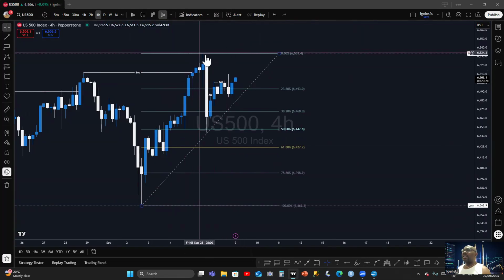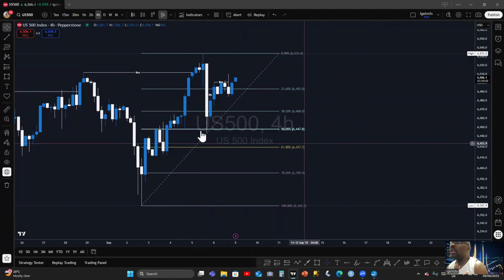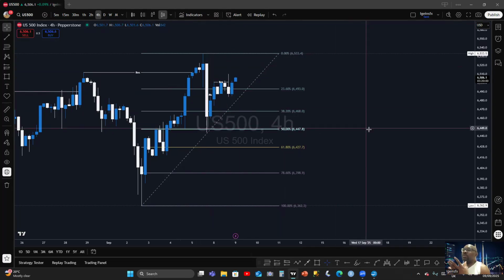At this point, price found resistance. Because it's bullish, it found resistance here. You can see the rejection. Then there is 0.00%. This is where price started reversing. This is a pullback.